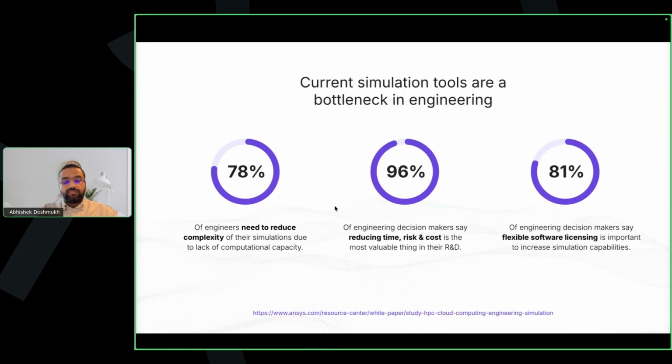And this can be addressed by several factors. For example, flexible software licensing, which is important to increase the capacity and simulation capabilities of the organization. So yeah, we agree on this.